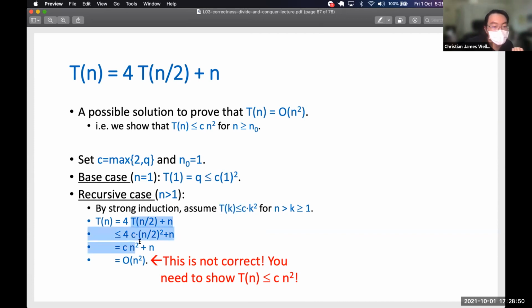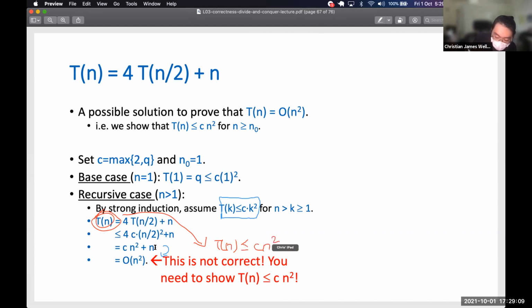But then going from Cn squared to O(n squared) is not correct, because we have to show that the inductive hypothesis holds. If we can show that Tn is less than or equal to Cn squared, then we win, because this is the form of inductive hypothesis that we need.